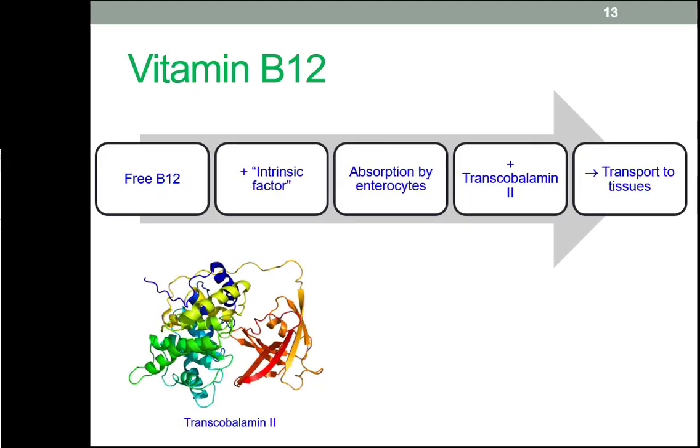The released vitamin B12 now binds to the somewhat generically named intrinsic factor, which is a glycoprotein, and is then absorbed by gut enterocytes, that is to say cells lining the gut wall. Here it binds to another glycoprotein, transcobalamin 2, and is then transported to tissues via the bloodstream.